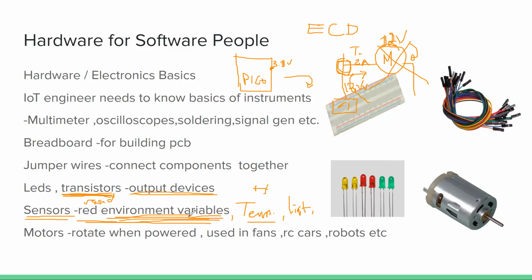There is also the chemical pH. Do you remember pH? Potential of hydrogen from chemistry. Do you know pH? Yeah, pH of a liquid, like acidity or alkalinity of the liquid. So all those can be measured by what is called sensors. Okay, so these ones are input devices or input.